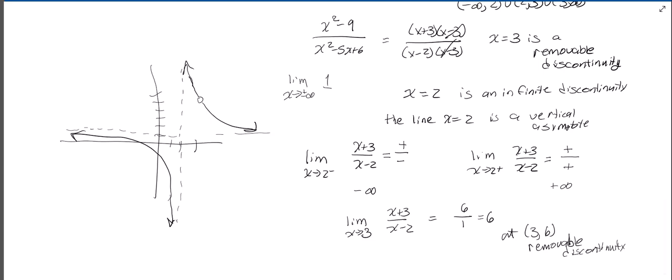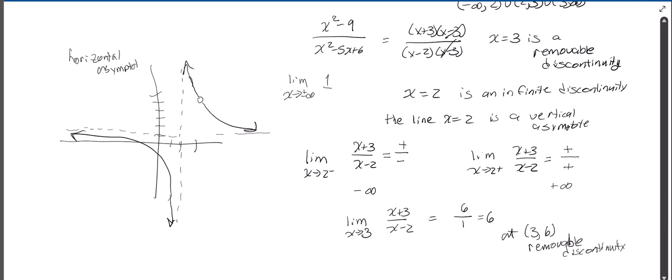You don't have to know how to draw this graph yet. I was just letting you know. That's for the future. You do have to know how to find the horizontal and vertical asymptotes. So the horizontal asymptote is y equals 1, and the vertical asymptote was x equals 2.